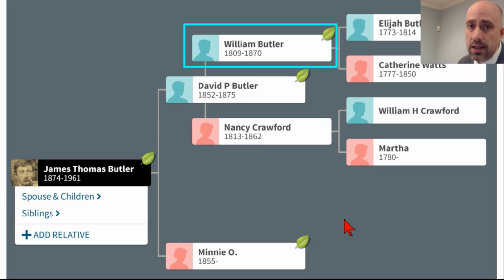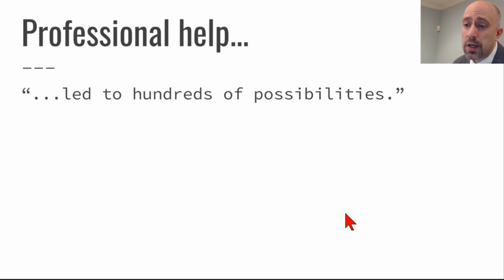But because Keith contacted me and provided me with some really exciting information, we cracked this case and crushed a brick wall. So just to give you some context, I was really so keen to find out who Minnie O was. I hired a professional genealogist to help me with this case, but unfortunately she wasn't able to move things forward much further.